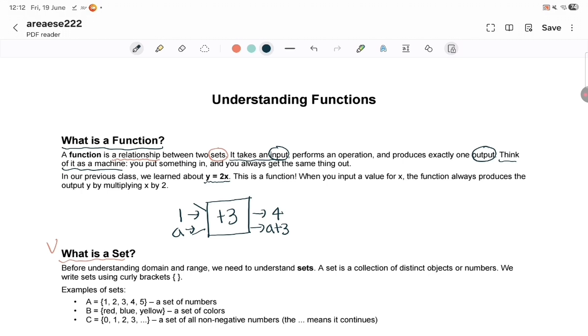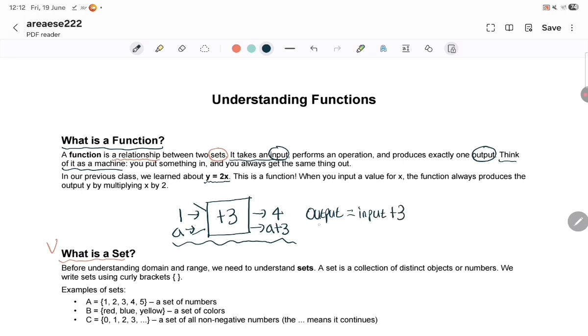Then a function, like this machine, if you want to write an equation with this, would look like this: output equals input plus 3, right?